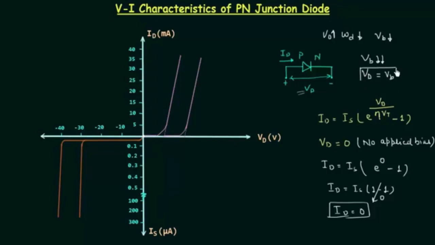So there is small current through the diode, and when VD is equal to VB, it means the forward bias potential is equal to the barrier potential. There is flood of electrons crossing the junction and we have rapid increase in current, as you can see here.